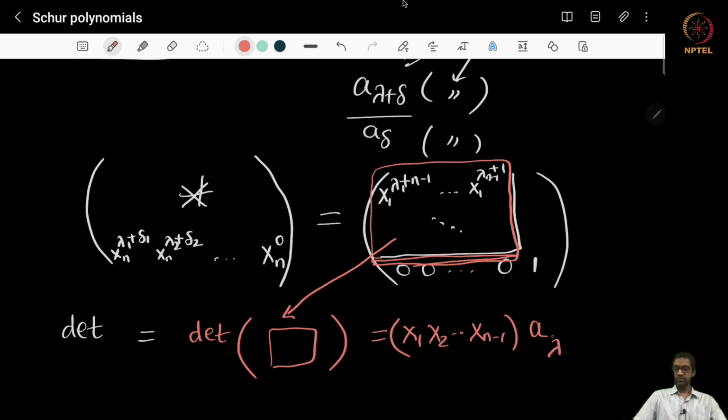Let me put a bar on top, lambda bar, plus this is the delta for the n minus 1 variables, so I'll call it delta truncated, with the n minus 1 variables x1, x2, up to xn minus 1.